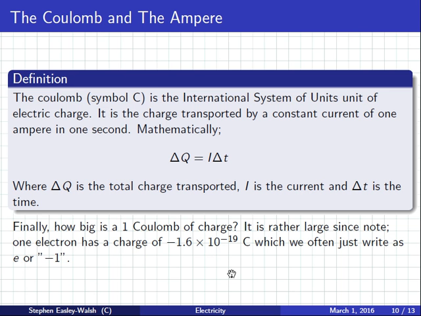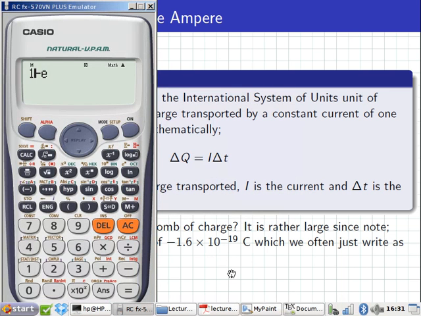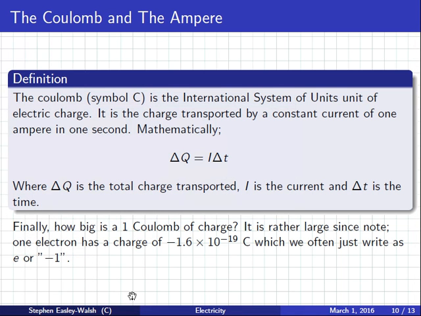So let's actually see what that is. Anyways, it's a lot. So 1 coulomb means you're missing a lot of electrons.